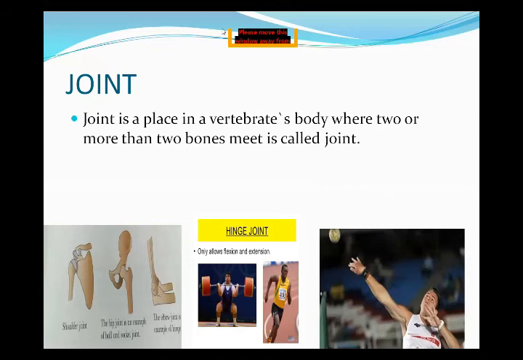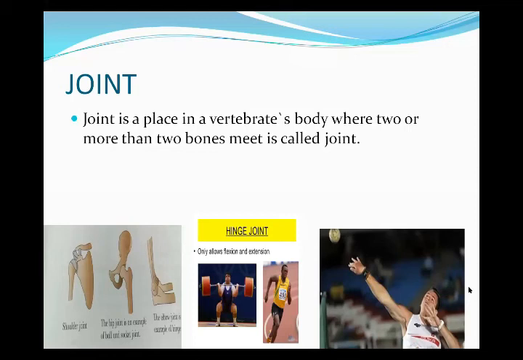Yes, you can observe the picture of the joints. Shoulder joint, hip joint. The shoulder joint is a ball and socket joint. The hinge joint moves in one direction, and that is present in our knee and elbow.